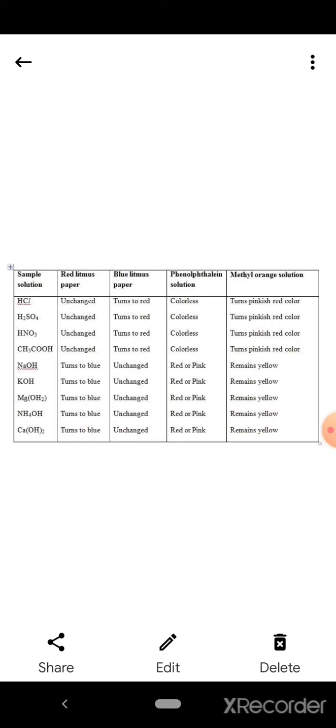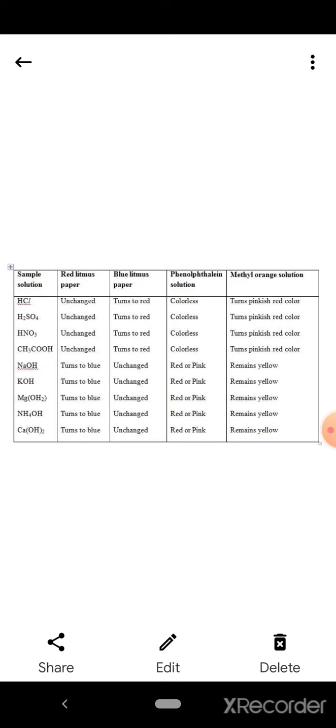Now see, first is hydrochloric acid. Hydrochloric acid is represented by HCl. When we put a drop of this HCl solution on a watch glass and test it with indicators, red litmus remains unchanged, but blue litmus turns to red.